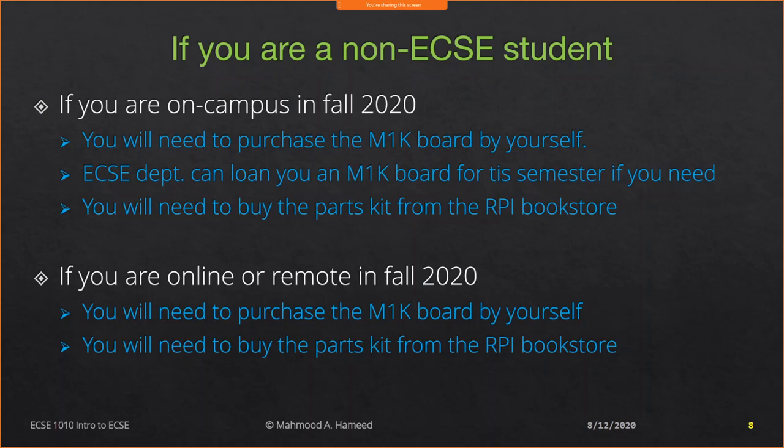If you're a non-ECSE student, what you should do about the M1K board and the parts kit. Now, no matter which category you belong to, you should have the urgency to get the equipment as soon as possible. And the reason is this: for some, the shipping delays might be too long, and I don't want you to miss out on the actual lab experiments that you will need to conduct.